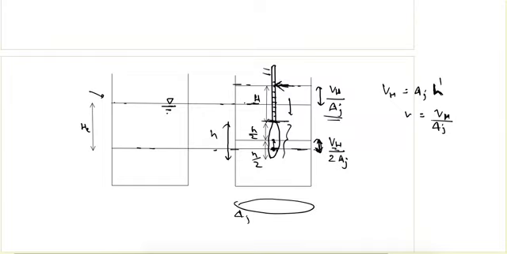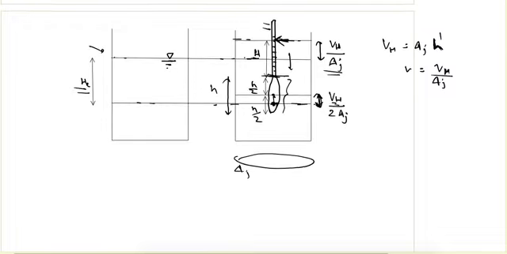So we need to reach up to this point. It will be given as the effective height. So effective height can be written as: h, the height between the reading of the hydrometer and its neck, plus h by 2.